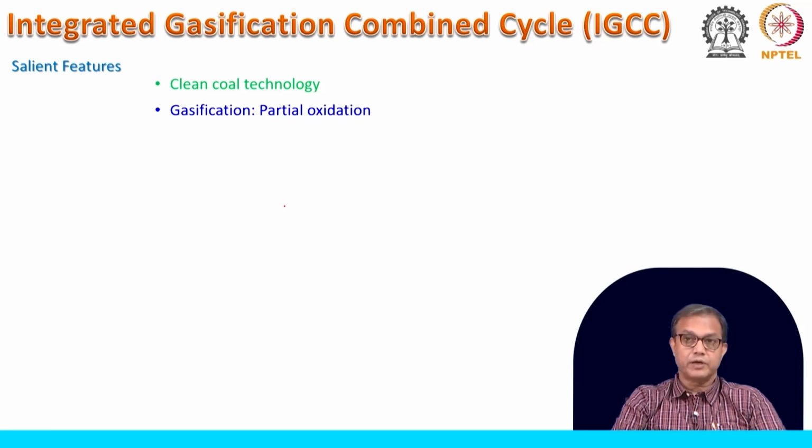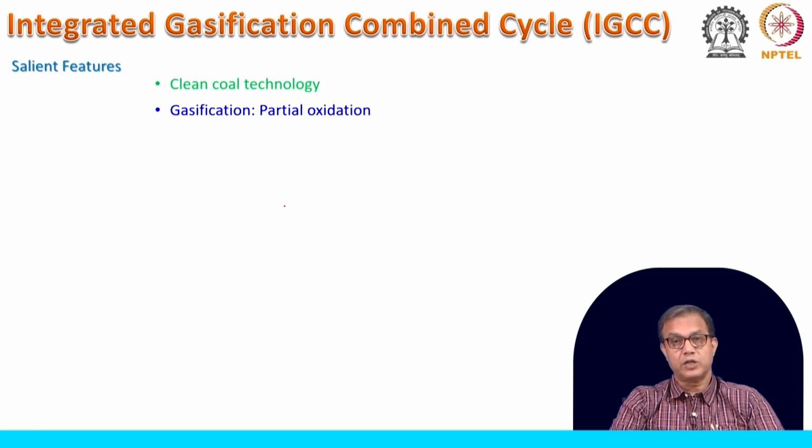So, here instead of directly burning the coal to generate the steam, we have generated the CO content plus H2 content, as well as we have created a high temperature, but of course, we need additionally this oxygen for this kind of integrated gasification combined cycle.